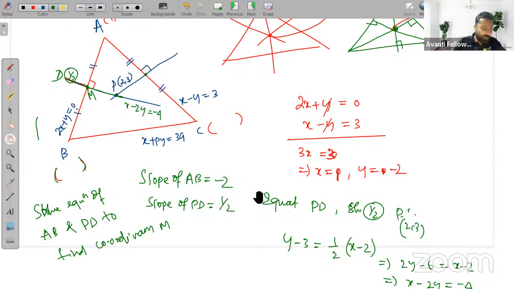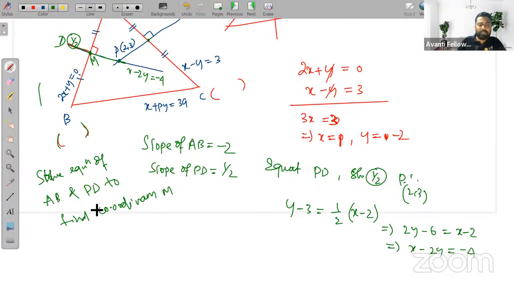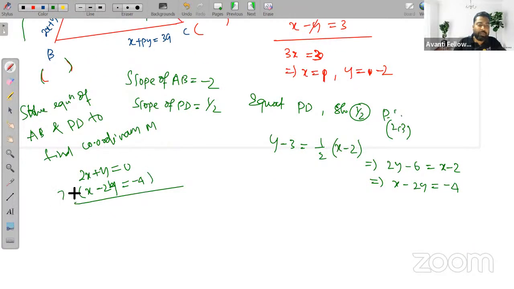Just see, I'm solving it. We have only a few minutes. First, I'm finding the coordinate of M. The equation of AB is 2x plus y is equal to 0, and this is x minus 2y is equal to minus 4. By solving these two equations, if I multiply the second equation by 2 and subtract, we get y plus 4y, that is 5y, becomes 0 plus 8.